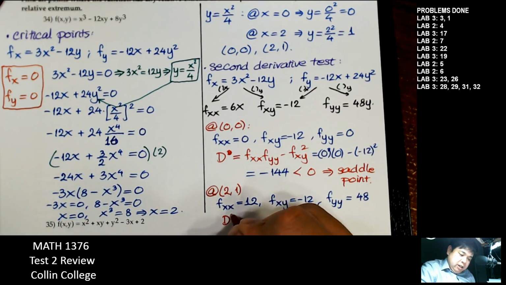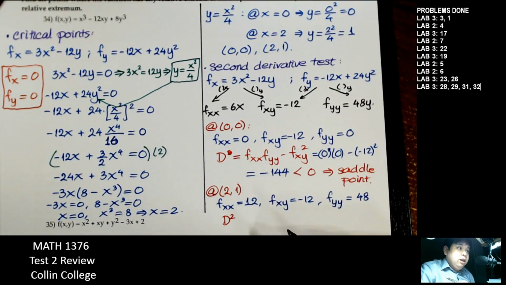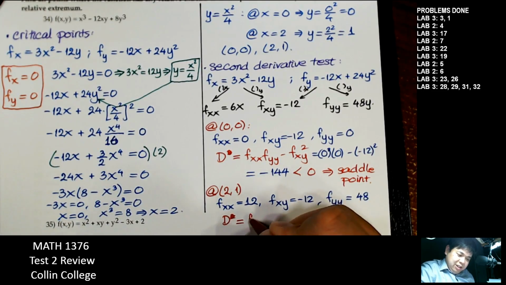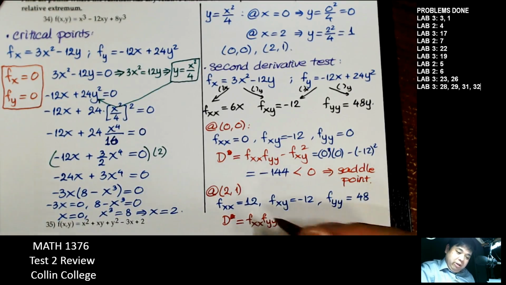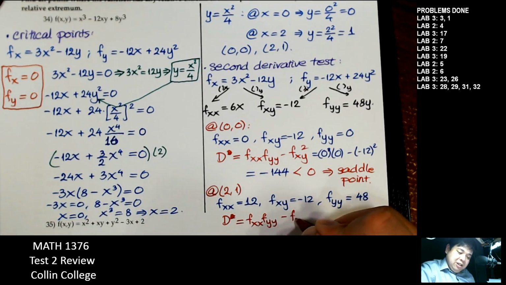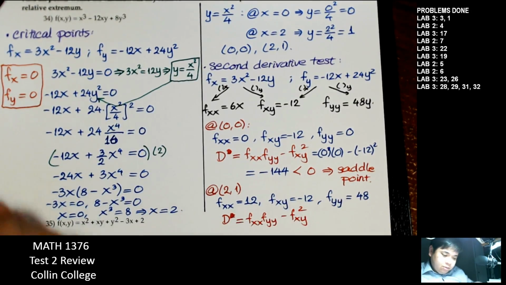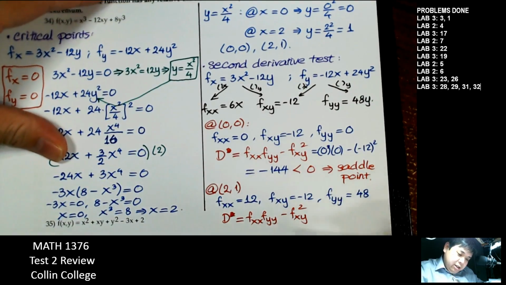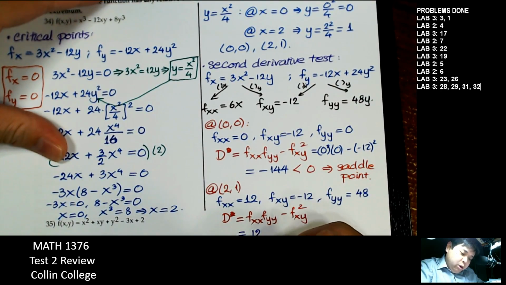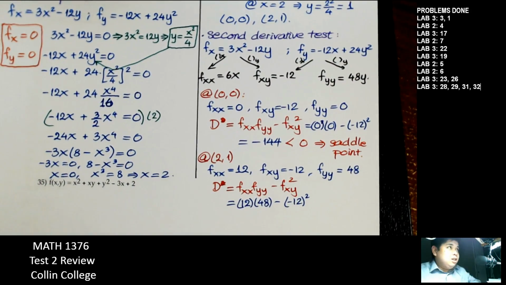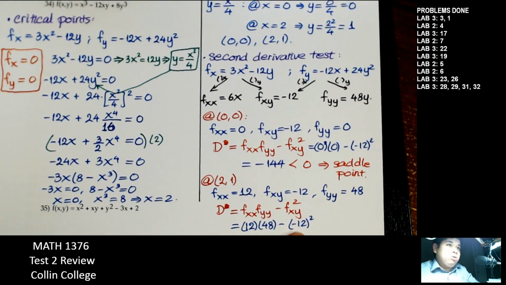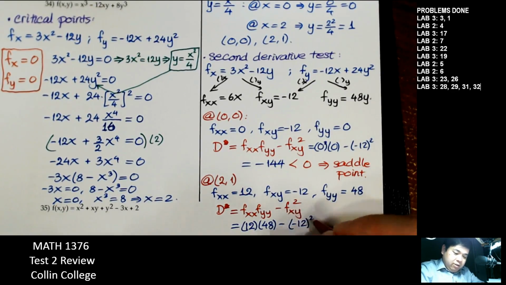And then the discriminant again. It should be D with a subscript 2 actually. Right, so 12 times 48 minus negative 12 squared. I don't have to do this to see that 12 times 48 is bigger than 12 times 12. So this is going to be positive.